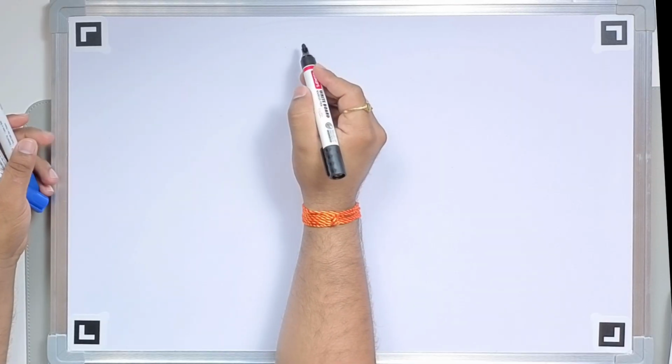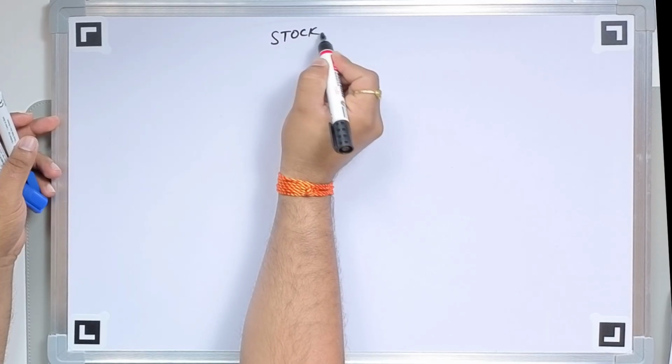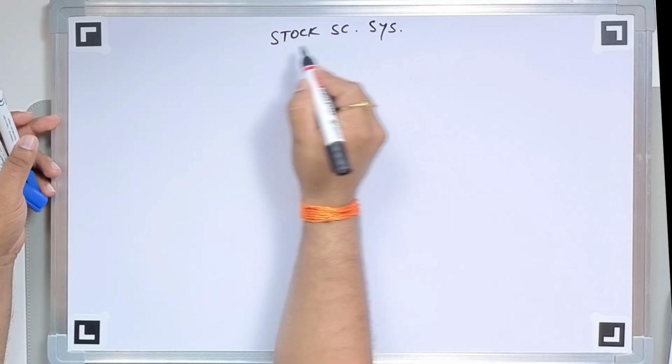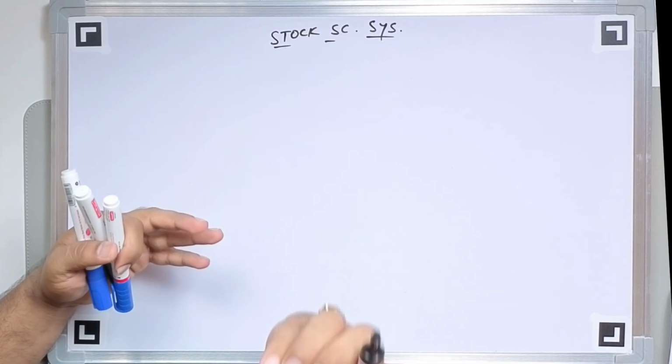So first of all, this is a stock screener system. What will happen here? First, we will input the stock data.